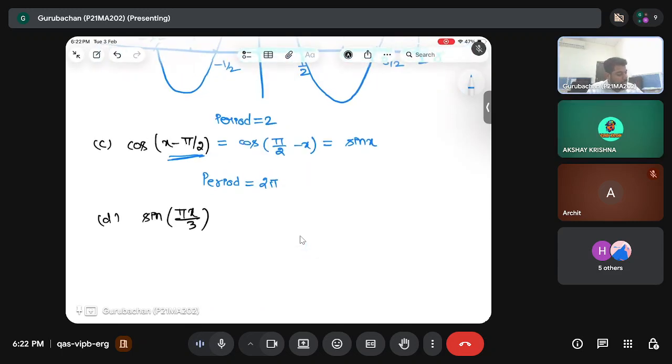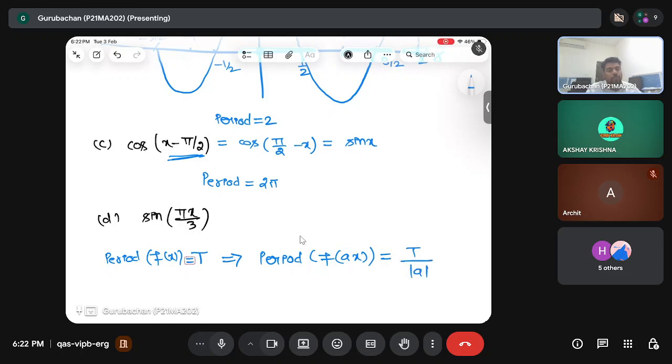So what I can say is, if the period of f is some T, then it implies the period of f of ax is T divided by mod a.